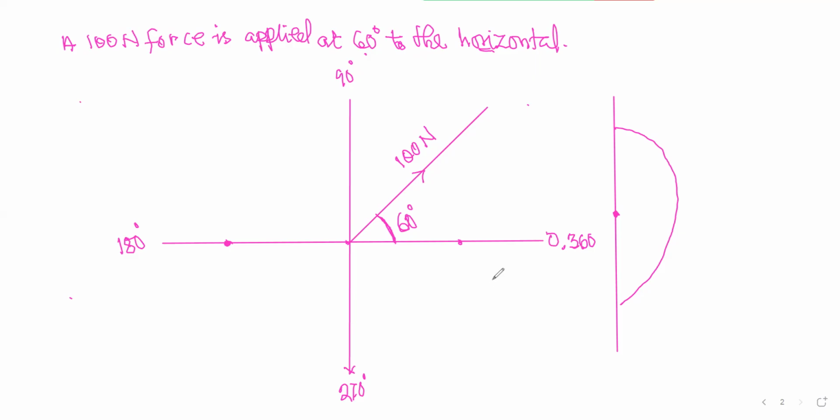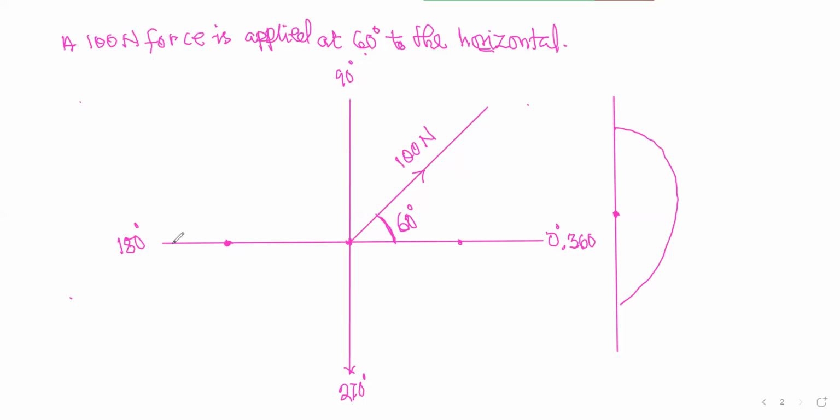Good. Whenever a force acts on any of these angles, 0, 90, 180, 270, and 360, the force will not be divided into two components. The magnitude will be whole. So if a 100 Newton force acts along an angle of 0 or 360, the magnitude will be 100 horizontal, and the vertical component will be 0. When it acts along 90, positive y, the magnitude will be 100 vertical, 0 horizontal.